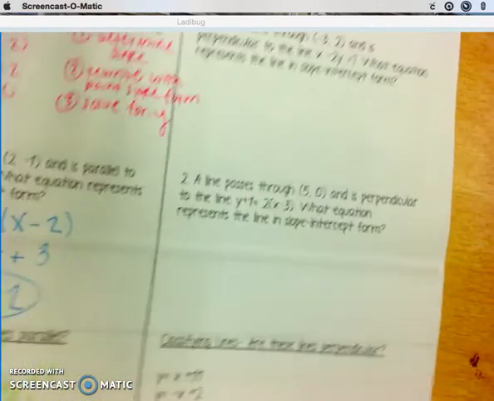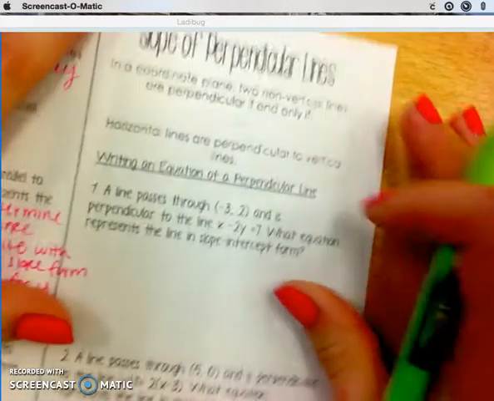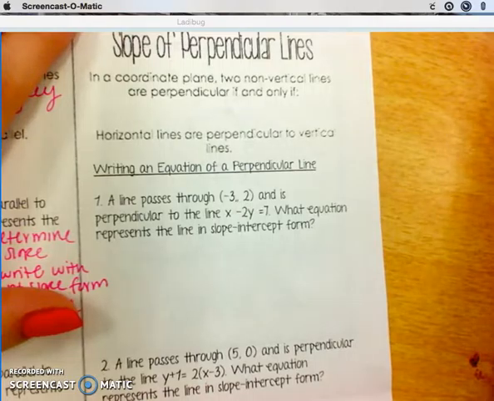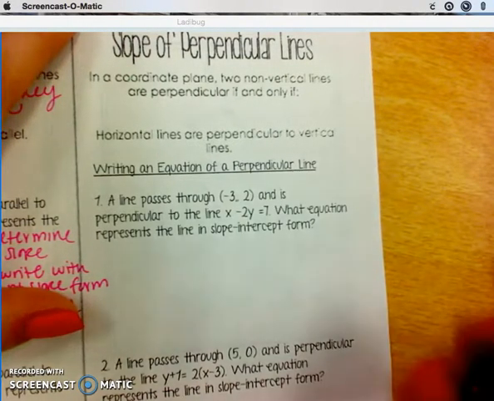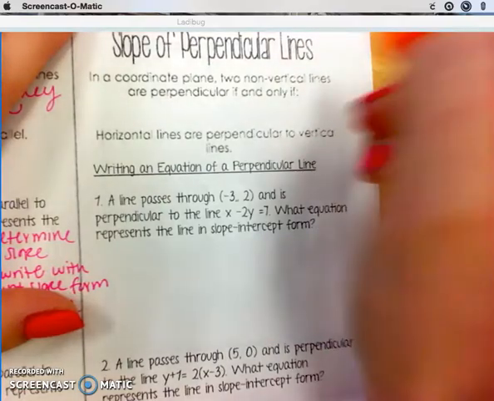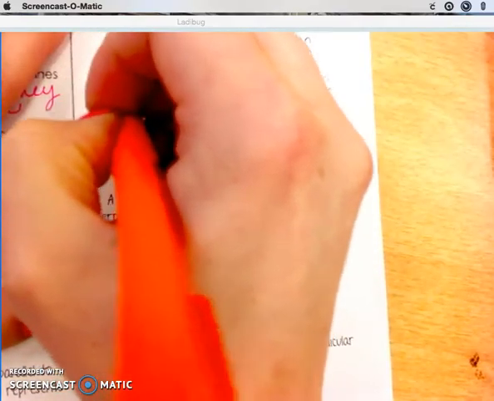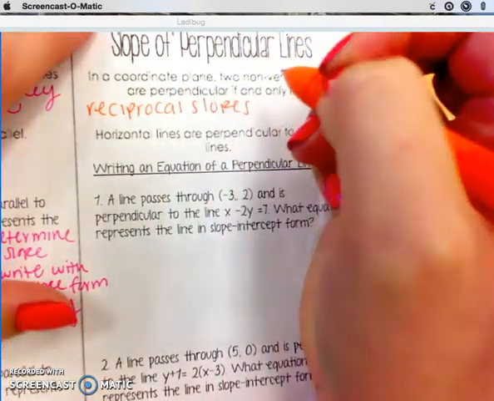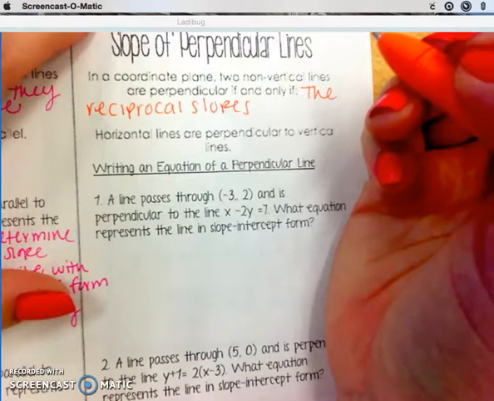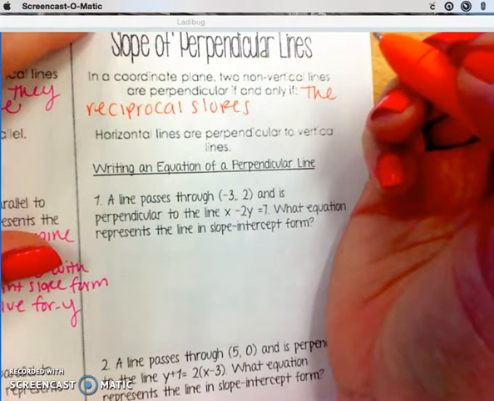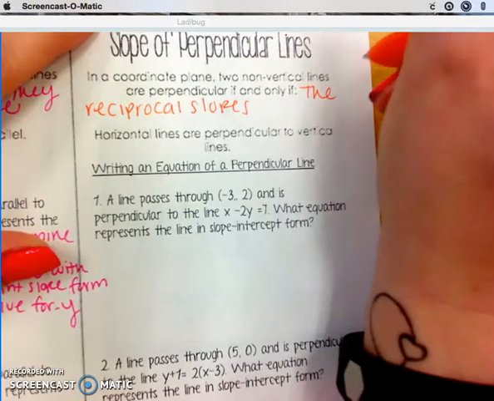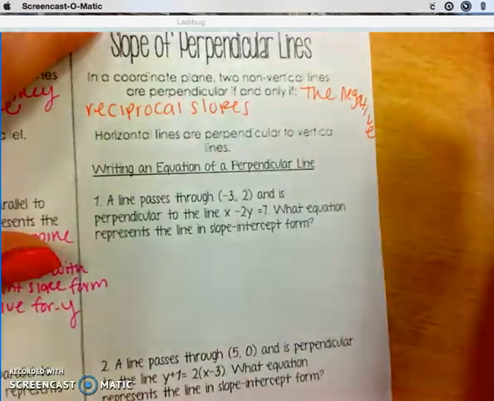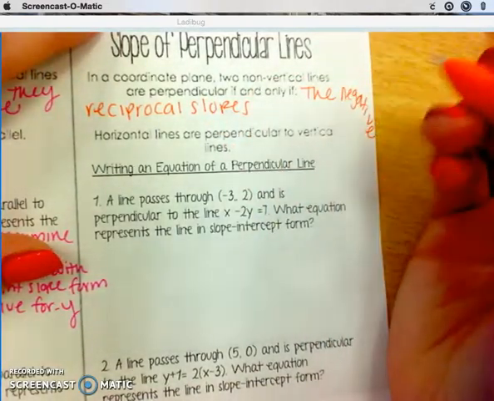So, perpendicular lines. In a coordinate plane, two non-vertical lines are perpendicular if and only if their slopes are, actually it's the negative, I'm sorry, negative reciprocal slopes.